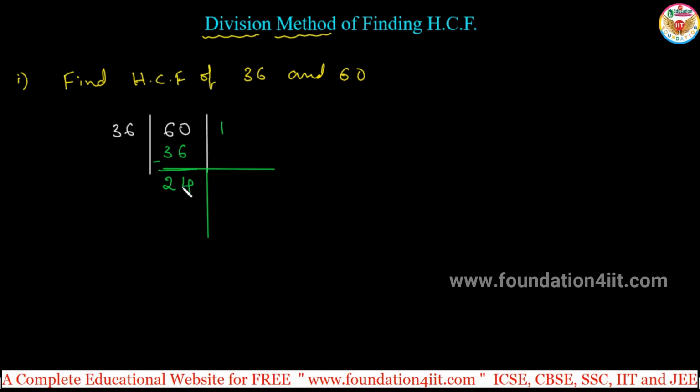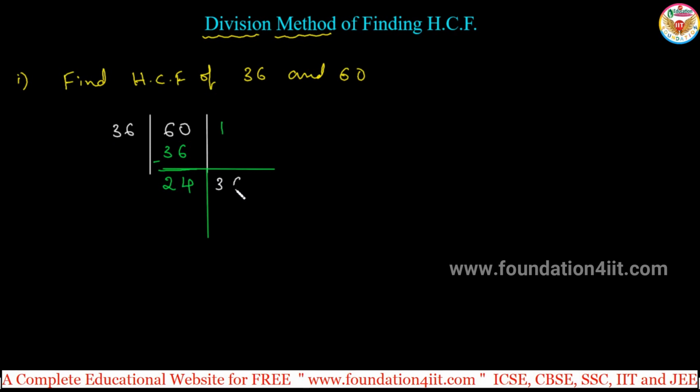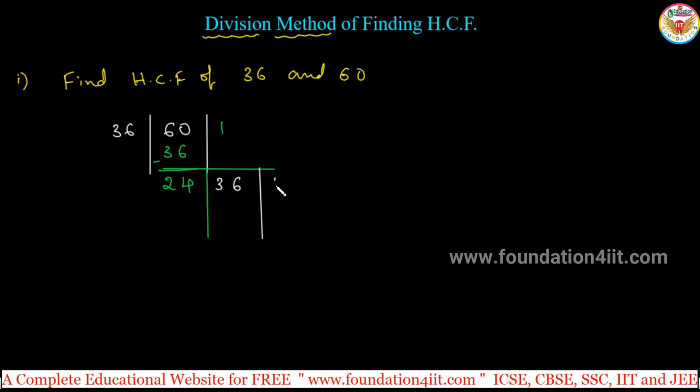Now this is the remainder. The divisor becomes the dividend for the next step, so 36 should be written here. Now 36 divided by 24: 24 times 1 is 24, because 24 twos are 48, more than that.